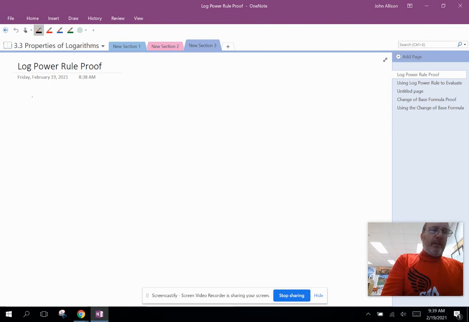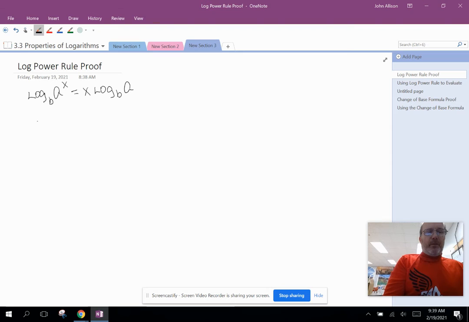This says that if we have a power inside the log, so we have log base b of some a to the x power, we can bring that x out front and multiply it by what's inside the log.